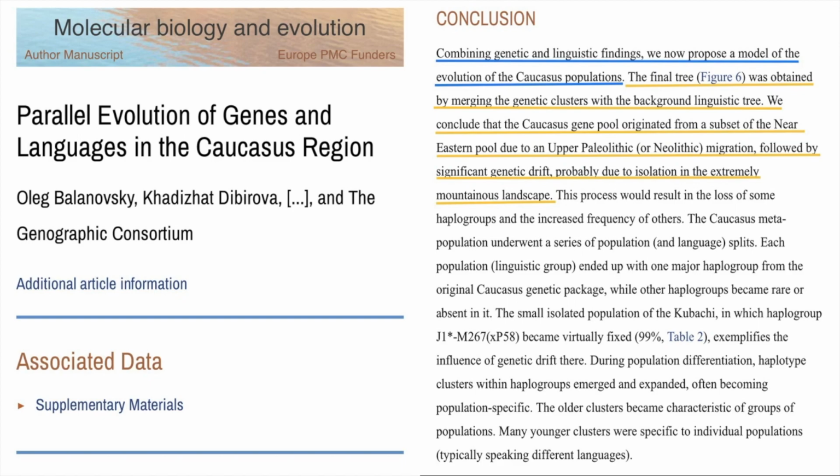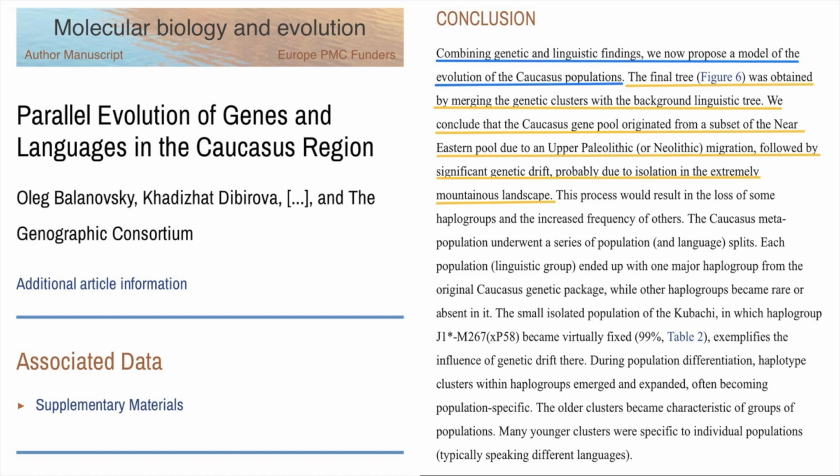Combining genetic and linguistic findings, we now propose a model of the evolution of Caucasian populations. The final tree was obtained by merging the genetic clusters with the background linguistic tree.